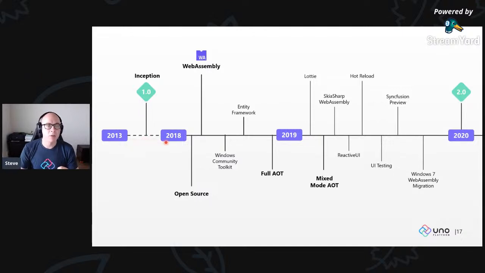Then around 2018, we saw what was happening with WebAssembly. WebAssembly is a way of running all types of code, not just JavaScript, in the browser natively. I should probably put this in an earlier slide. So it runs within the security model of the browsers. There are no security problems like there were with third-party solutions like Silverlight or Flash.